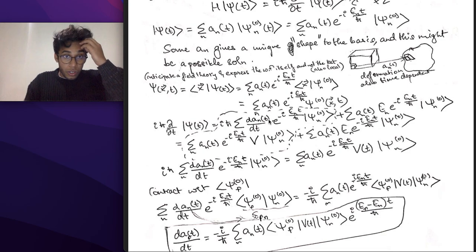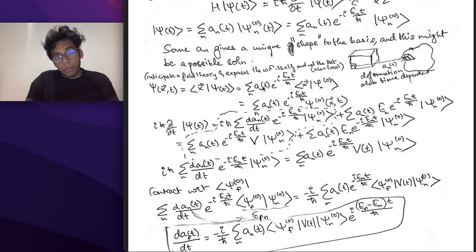But just summing it up, what you're doing here is expanding this phi of x comma t, sorry, psi of x, t, in the basis: it is the summation of some function of t, a_n(t), times e to the power of i E_n t by h bar, times the bracket of your position vector x and your original eigenbasis.